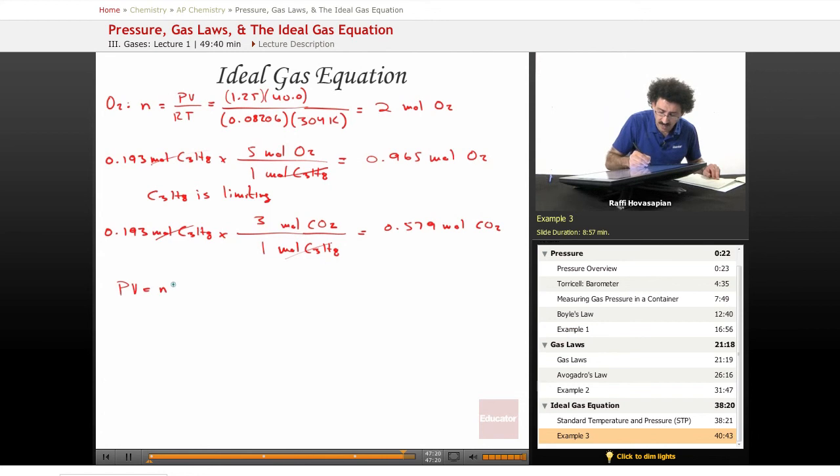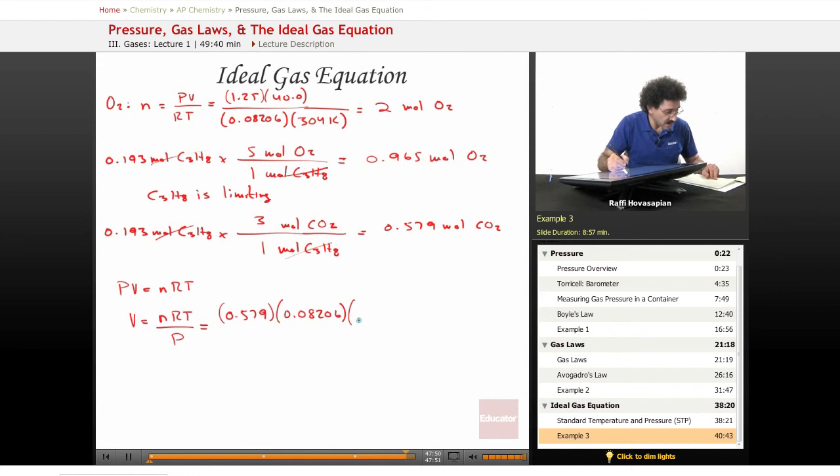Well, if I have that many moles of CO2, I go back to my ideal gas equation, PV equals nRT. Now, I'm looking for the volume that this is going to occupy. So, just the CO2, okay? Volume equals nRT over P. The number of moles that I've created is 0.579. R is 0.08206.